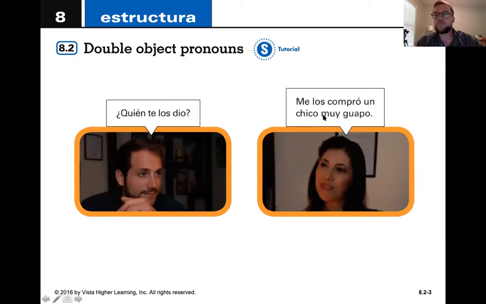Okay, so she says, me los compró un chico muy guapo. So he's asking the question to you or to her in this sentence. ¿A quién te los dio? Who gave them to you? She responds, a handsome man gave those to me. Me los compró un chico muy guapo. All right.